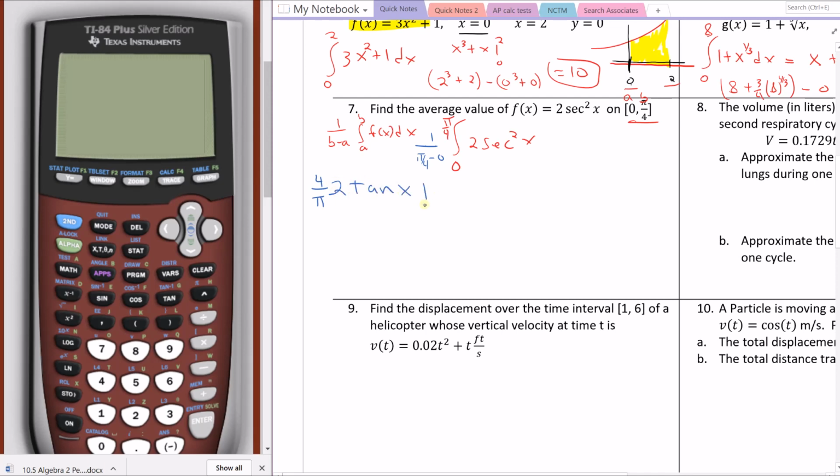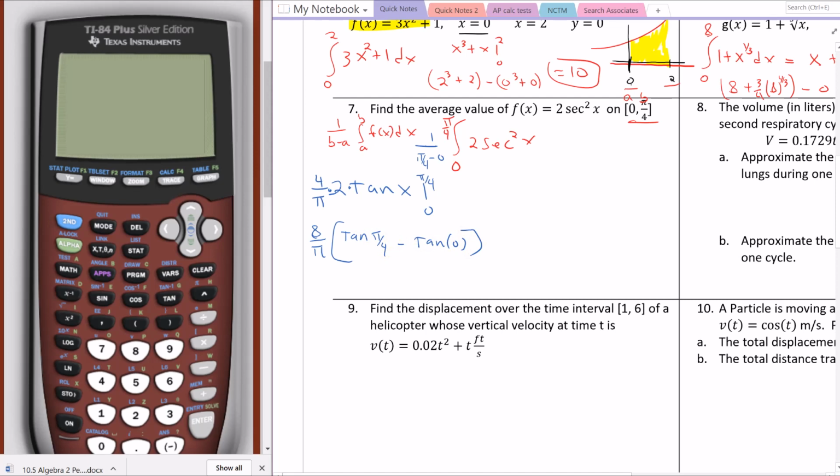And we're evaluating from 0 to pi over 4. All these things are being multiplied. So let's pull out this 8 pi, and then we're going to multiply by, plug in pi over 4, tangent pi over 4 minus tangent 0.